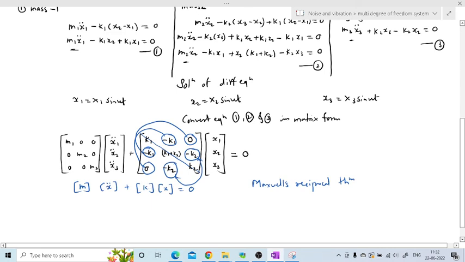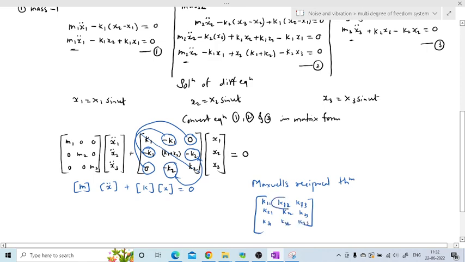So whenever we write the stiffness matrix, the first row has k11, k12, k13, then k21, k22, k23, and k31, k32, k33.